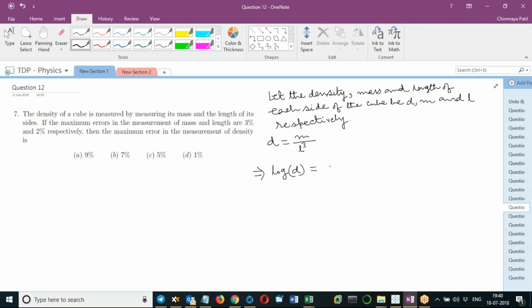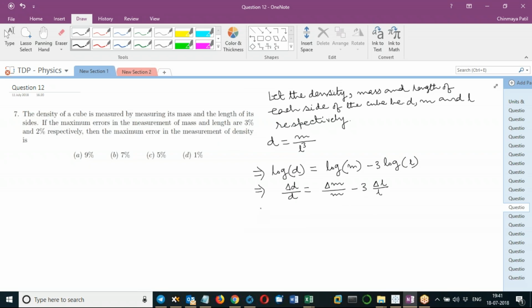So log d should be equal to log of m minus log of L power 3, that is minus 3 into log of L. Now if we differentiate both sides, we get delta d by d is equal to delta m by m minus 3 into delta L by L.